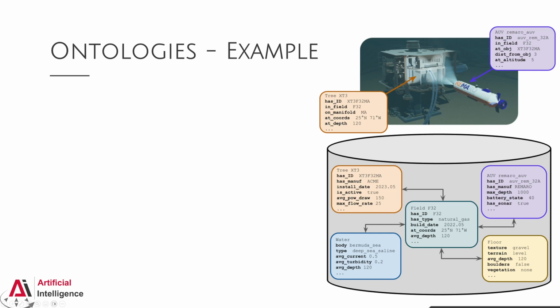In that same image, we can see that we have other information about the machine in there. And this machine, the tree's name is XT3. It also has an ID, where in the field it's located, and so on and so forth. Now, all this information is stored in the knowledge base, but this structure here is the ontology.